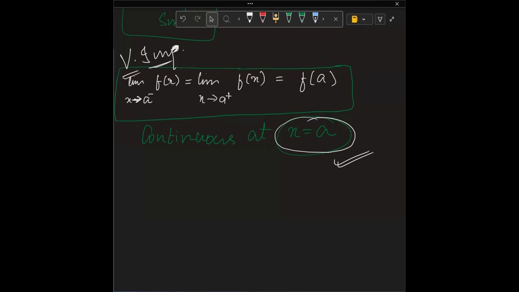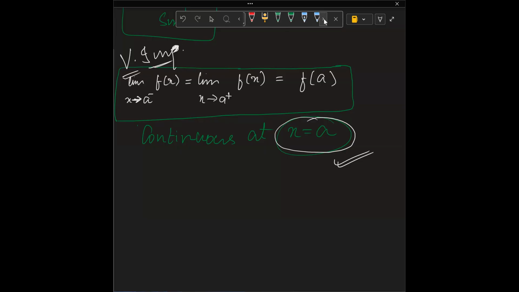Correct. So now we will see this using an example where we can use exactly this LHL and RHL. Now there is the function modulus of x, where you can exactly see how LHL and RHL work.